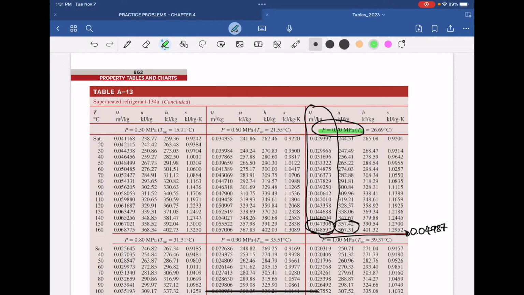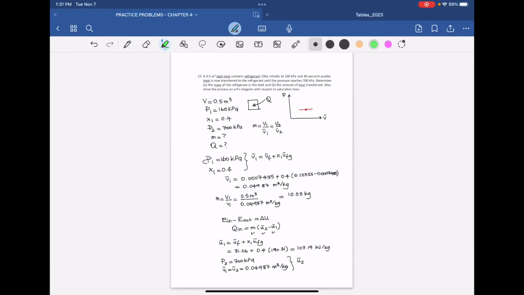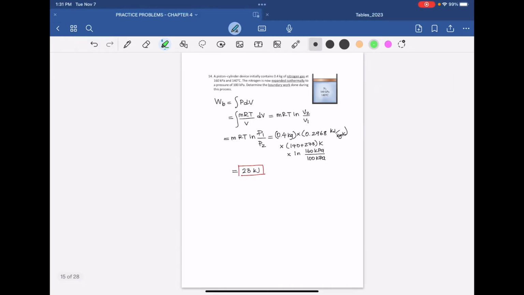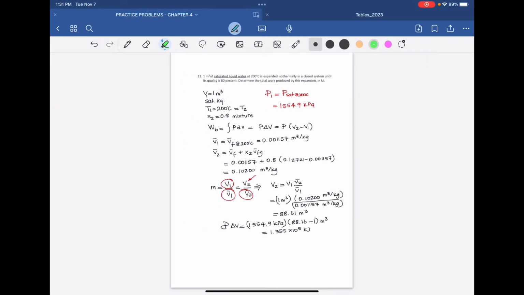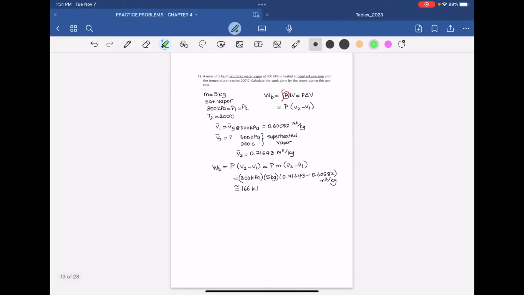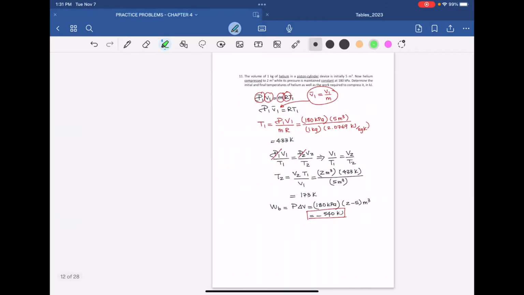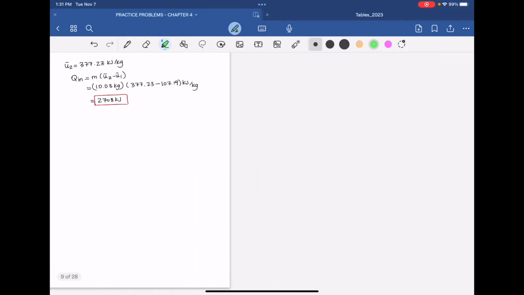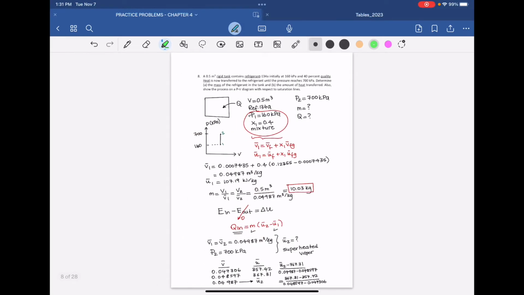Let me check which question it was. This question was already done two times, but let me check. 0.5. Okay, there we go. We already did this.